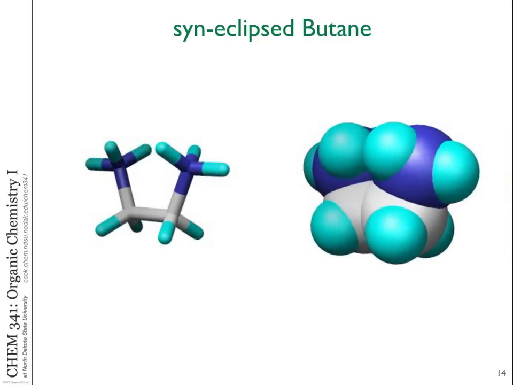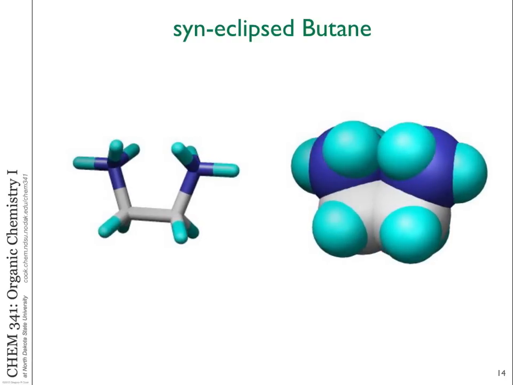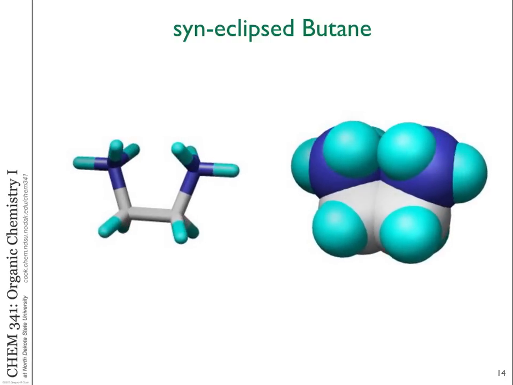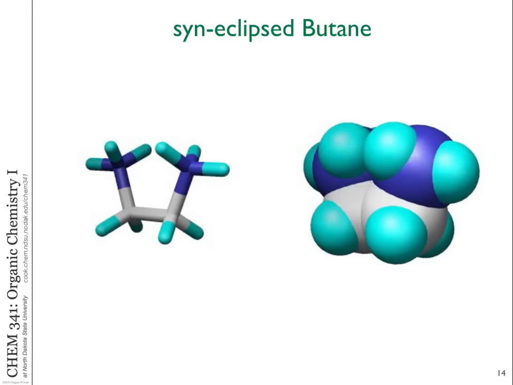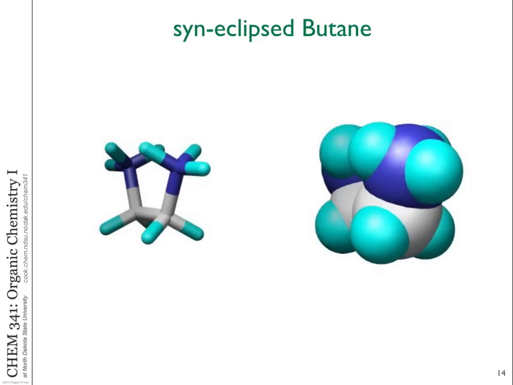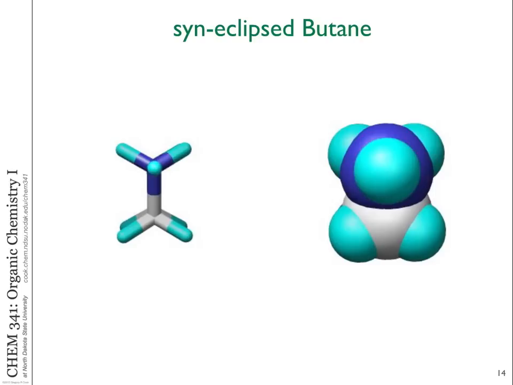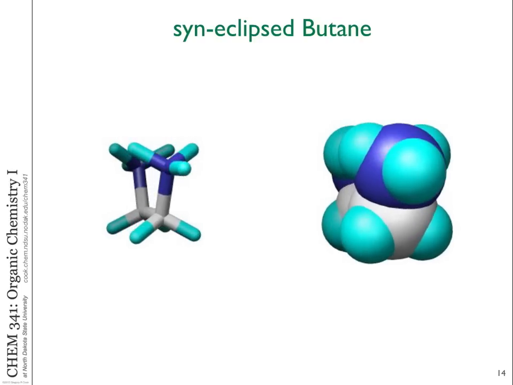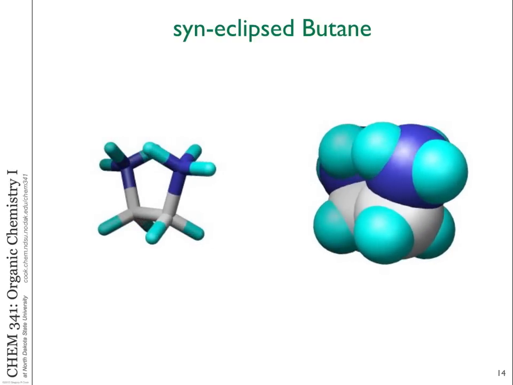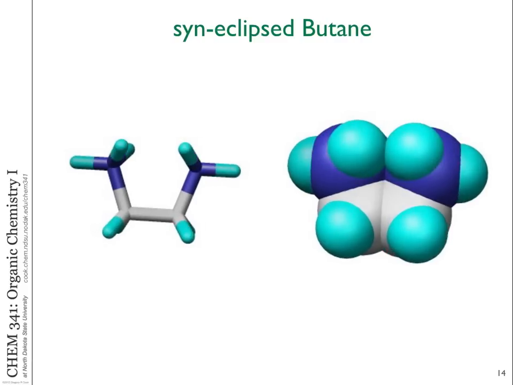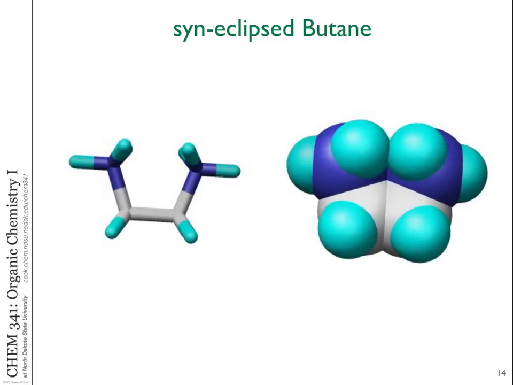So notice, particularly in this space-filling model, there really is very little room at all between those two methyl groups. Okay? So the reason why we look at these conformational analyses of molecules and look at all the different possibilities is, overall we know at room temperature this is spinning around rapidly.